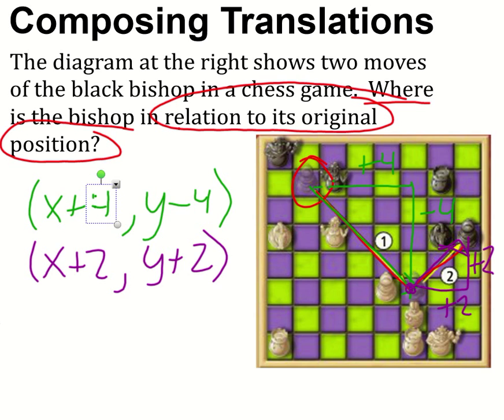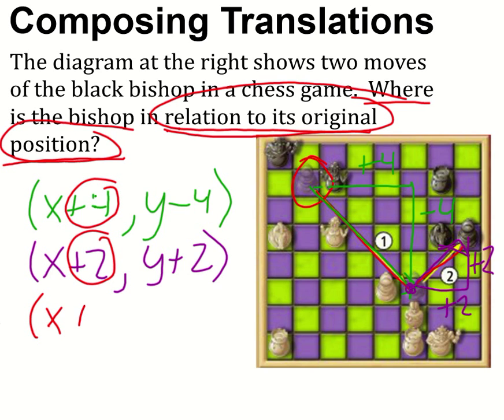Now, if we go back to the question, it says in relation to its original position. If you know the two translations that are occurring, you want to combine those two. So in total, it's moving plus 4 plus 2. Well, 4 plus 2 becomes 6. The x is changing by 6. Look at your y values now.